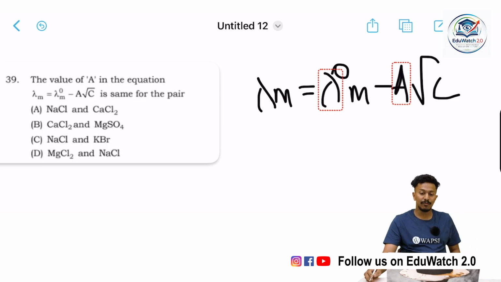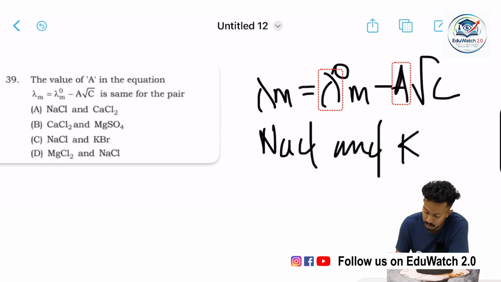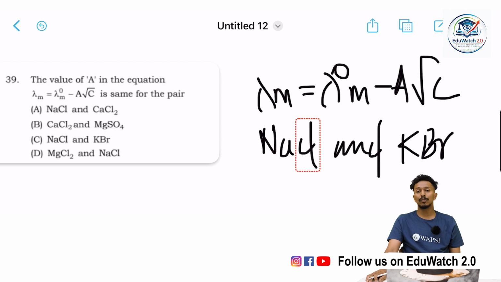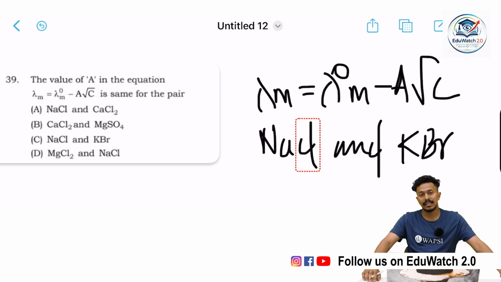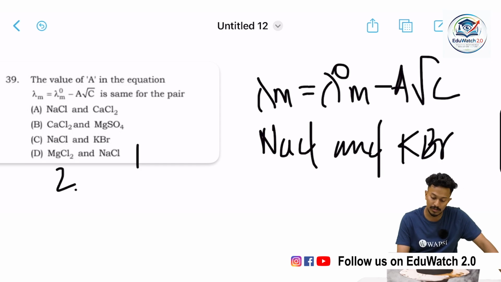So we could say that the value of A in this reaction depends upon the number of ions. So equal numbers of ions occur only with NaCl and KBr, because both of them produce 2 ions each. MgCl2 produces 3 ions, whereas NaCl produces 2 ions.